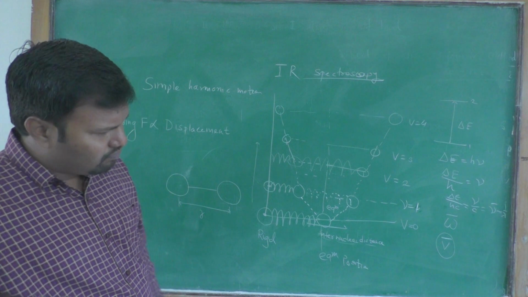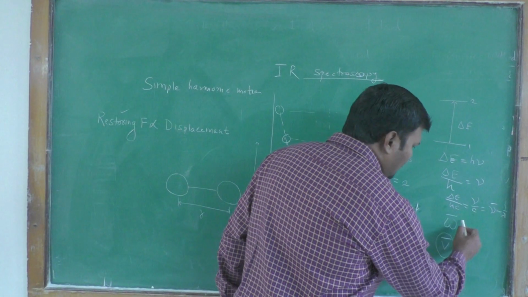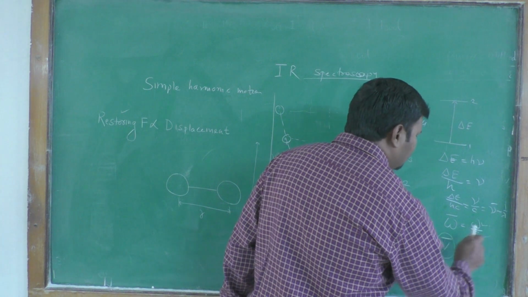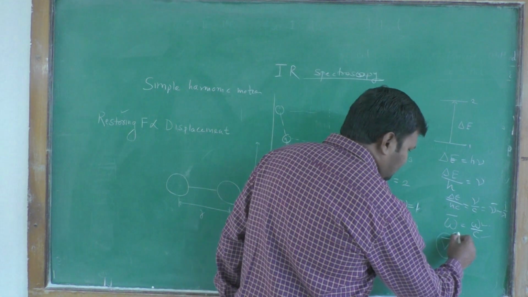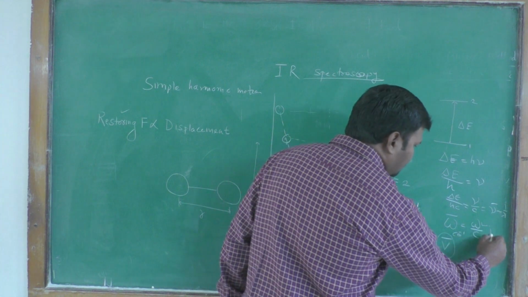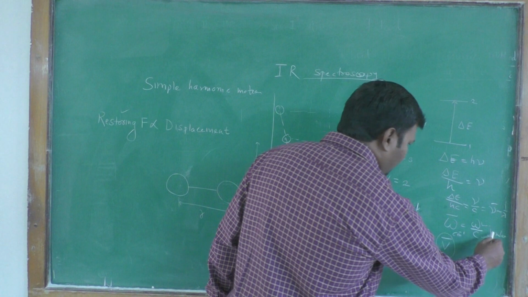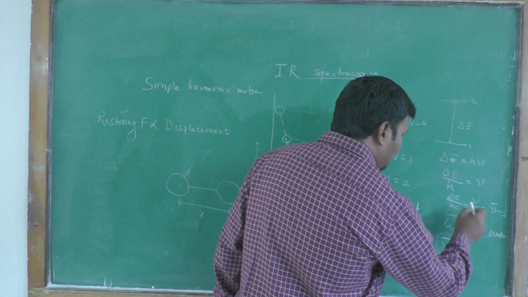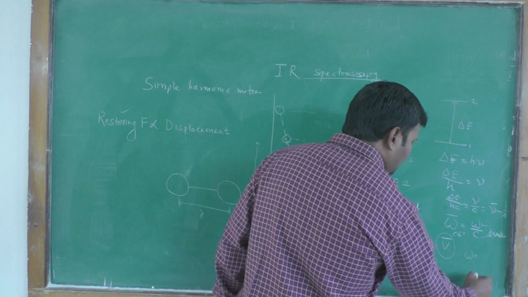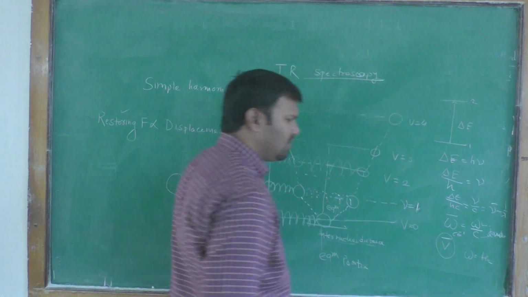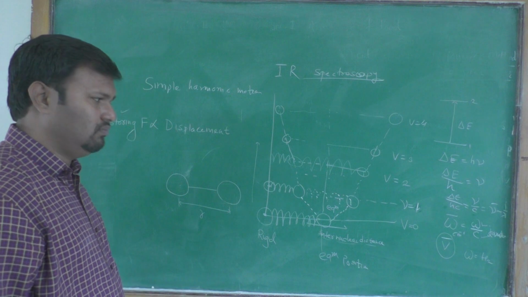Like that, that frequency nu we have replaced by omega upon c. This term, omega upon c, is in centimeter inverse, but omega alone is in hertz or cycles per second.